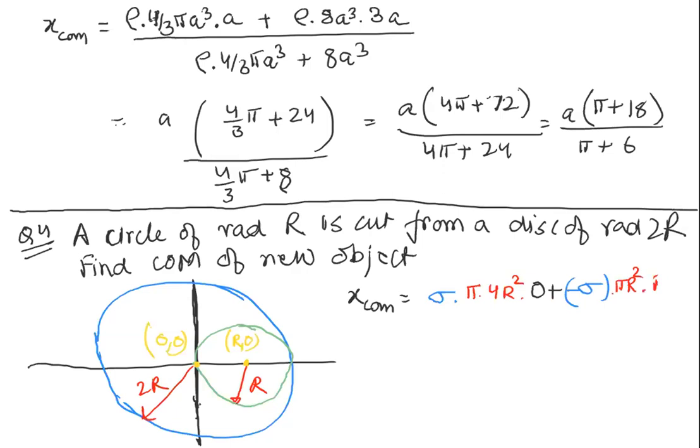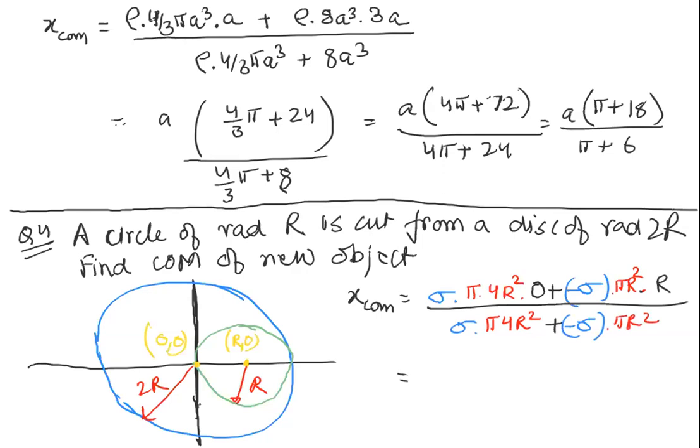I want to write the x coordinate with black, into r, whole upon sigma into the area plus minus sigma into the area.